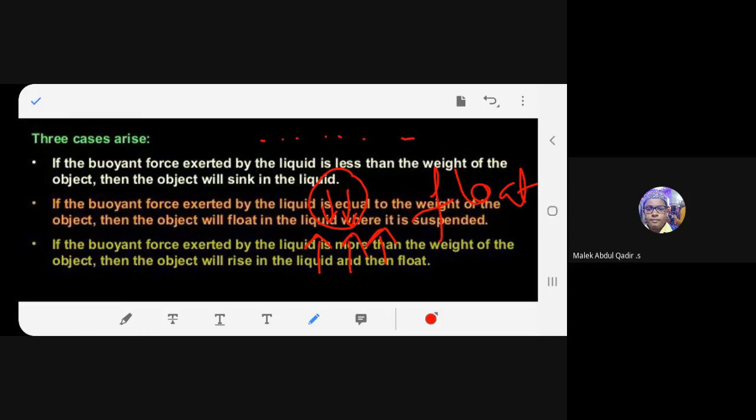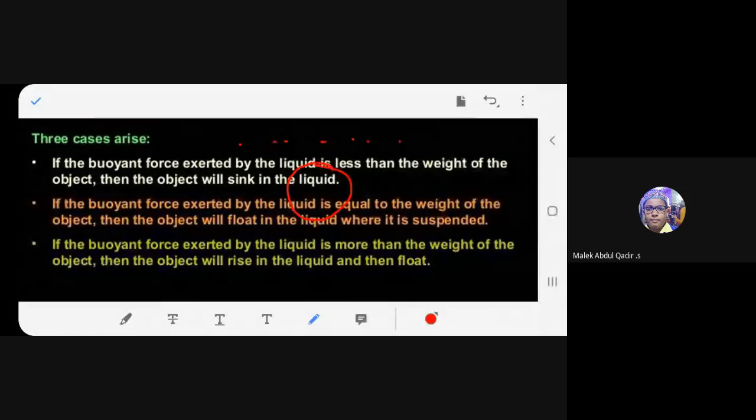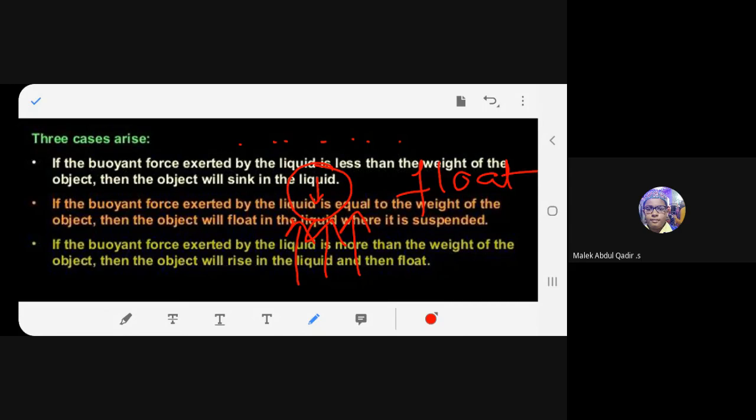Okay. Third one. Again I take this as an object. This buoyant force is more, so I will show the big arrow and then the small arrow. What will happen? It will float. You understood now? That's why I've changed the size of the arrow so you can understand.